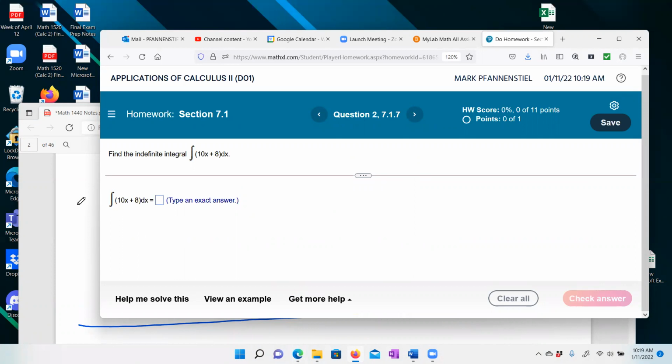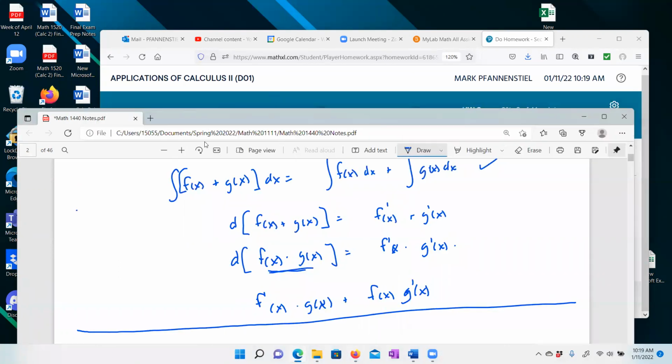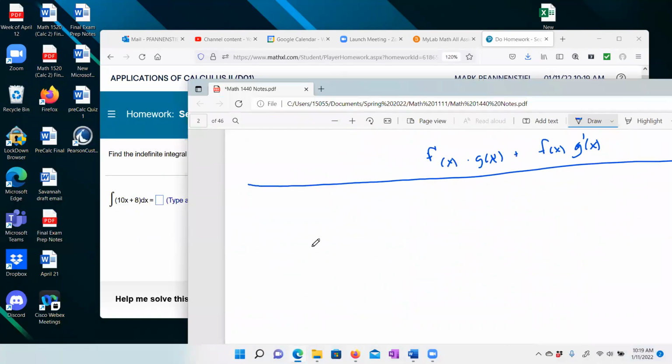Okay, so this is not too bad as a beginning one, right? The integral of 10x plus 8, just to warm us up. So this is a plus, so it's adding two functions together, so we can go ahead and say this is the integral of 10x dx plus the integral of 8 dx.